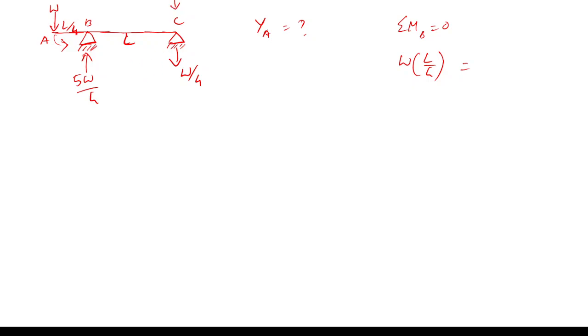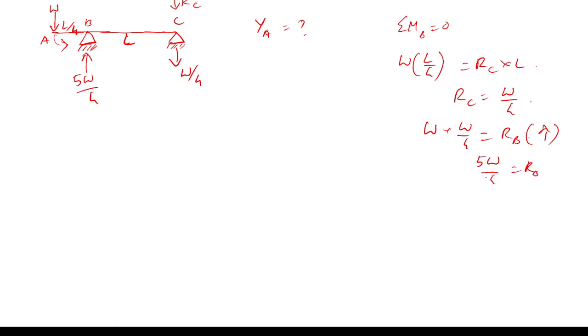I am taking the reaction to be in this way, which will be RC into L. So RC will be W by 4 in the downward direction. When I take the net force, W plus W by 4 should equal RB in the upward direction. So it will be 5W by 4. Is it fine? Yes, sir.